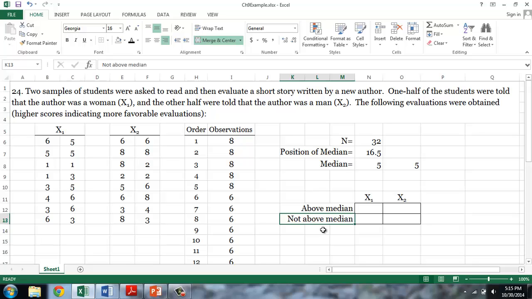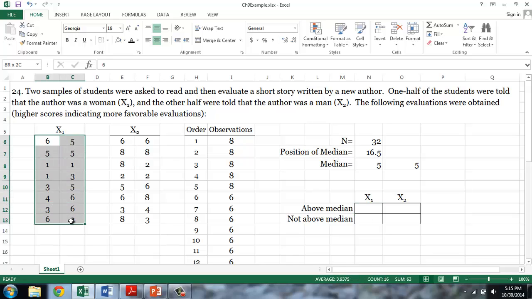If there's an observation of 5, it would fall into this group, since it is equal to and not above. To determine the values in each cell, I simply look at each set of data and count how many observations are above the median and how many are at or below the median.